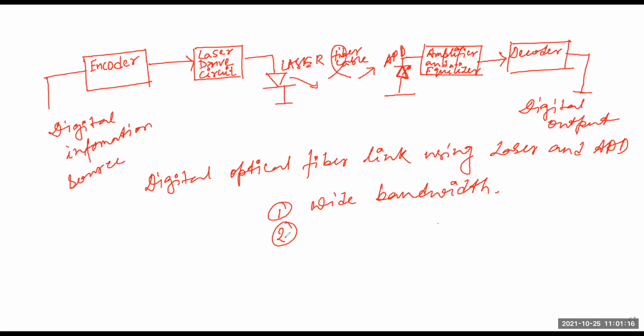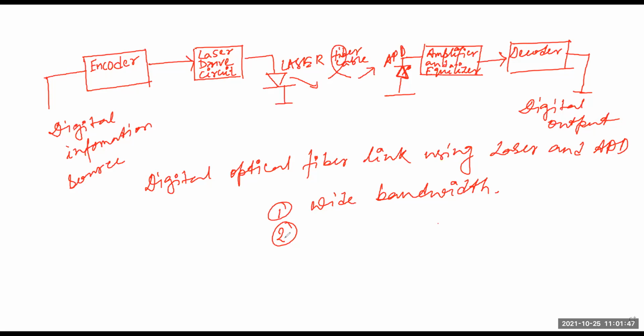One thing I discussed in the last class is the repeater part. This enables a long distance between the repeaters. In the normal communication system, the repeater quantity is much higher. But in the optical fiber communication system, we are using fewer repeaters.